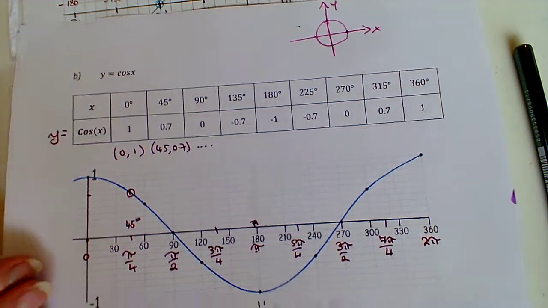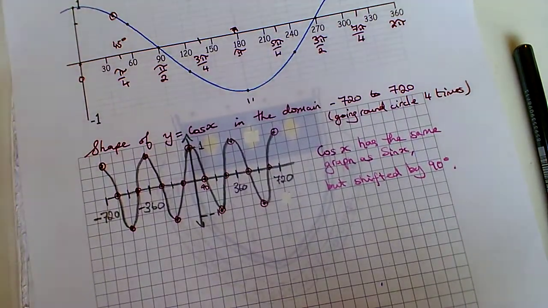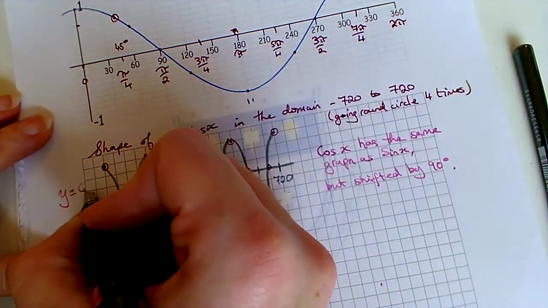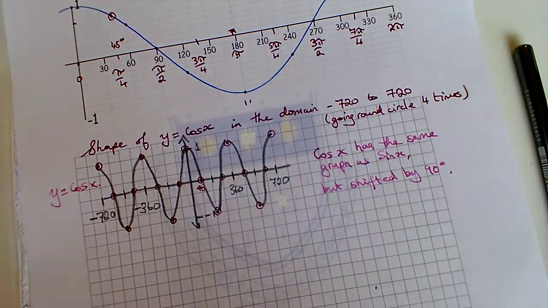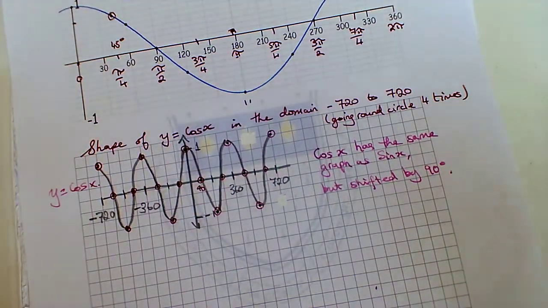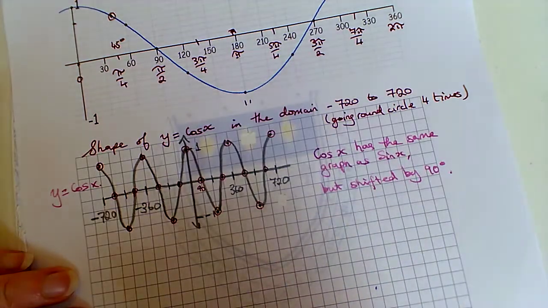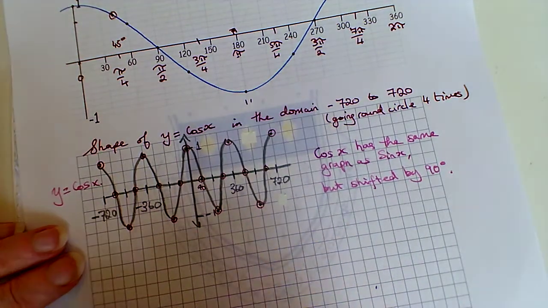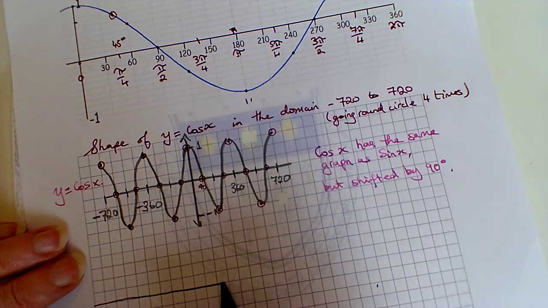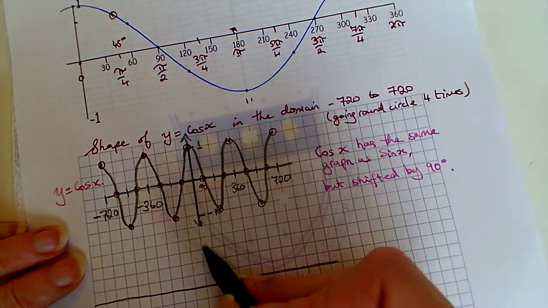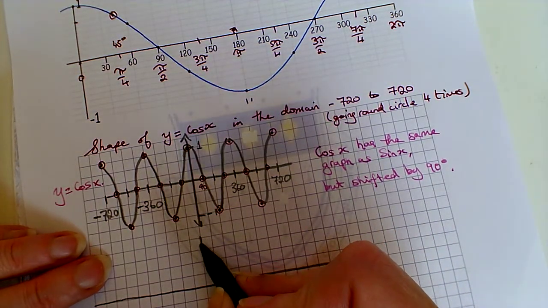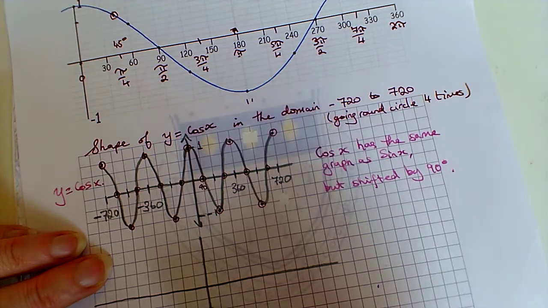So this is y equals cos x. I'm going to pop a quick graph of sine of x underneath it so you can compare it. So the x and y axis are at 90 degree angles from each other, which is why cos and sine are shifted by 90 degrees to each other.